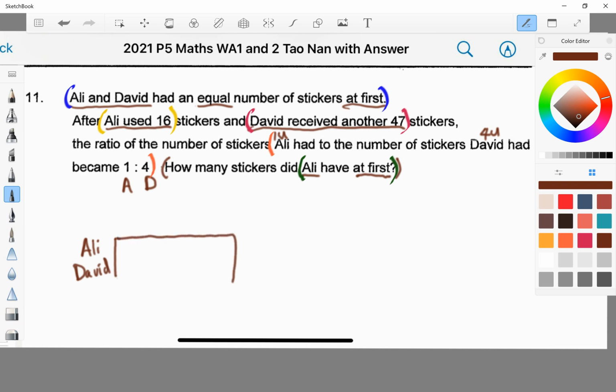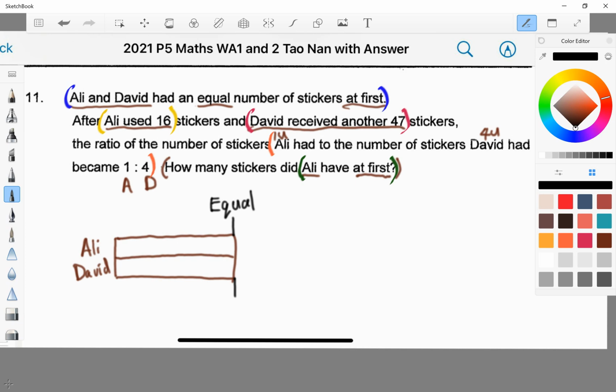I'll draw my model of a good size, then I will cut it into 2. Thereafter I'll extend upwards and downwards and I'll write out the word equal. So equal means that at the start, Ali and David, they have the same number of stickers.